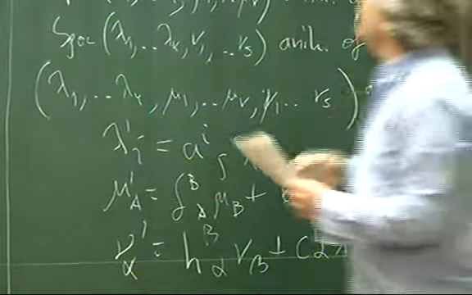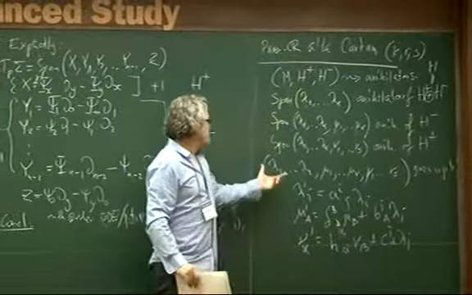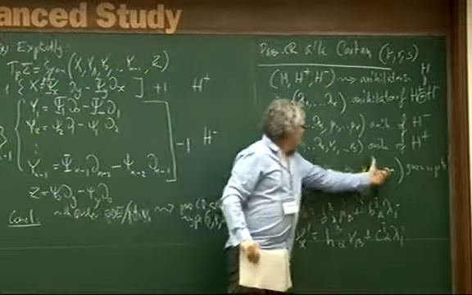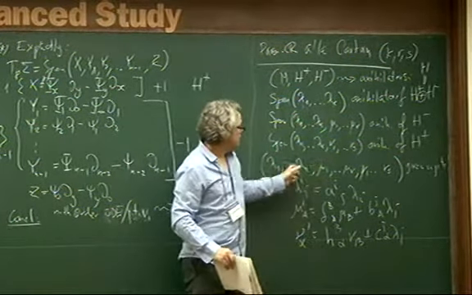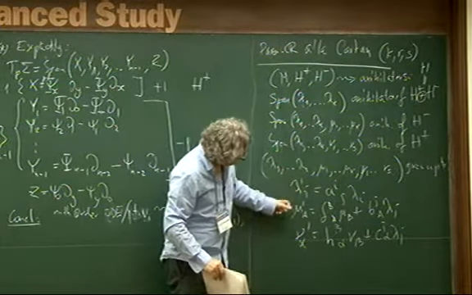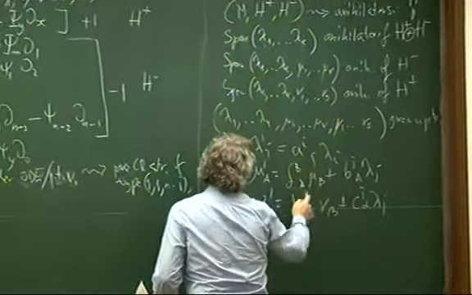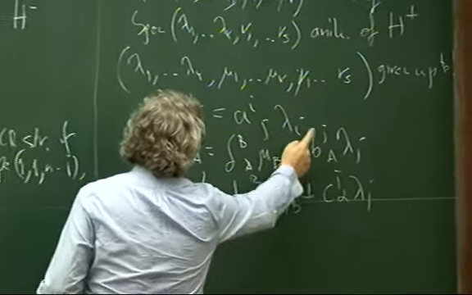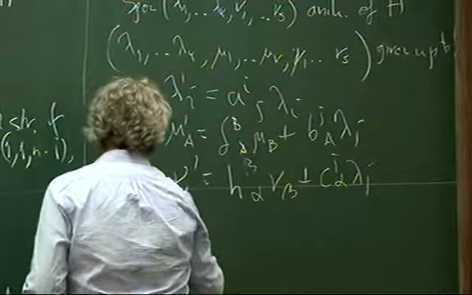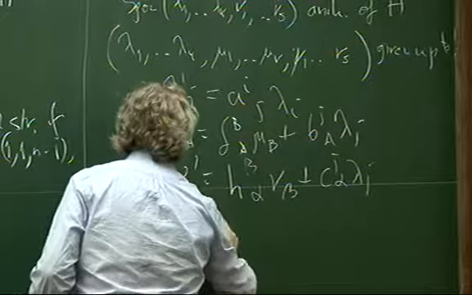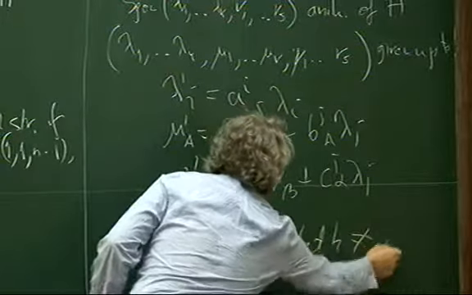Okay? So, in other words, given a para-CR structure of type K, R, S, I have a class of one forms on M, linearly independent at each point, and they are given modulo this transformation, where the functions a_ij, f_ba, h_beta alpha, and this b_j a and c_j alpha are some functions on M such that the determinant of matrix A times determinant of matrix F times determinant of matrix H is non-zero at each point.